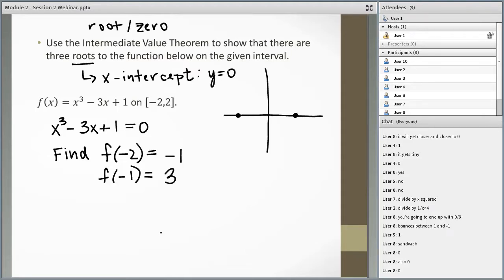So what does that mean? Can we make any conclusion about that? Basically what it means is at x equals -2, the function is below the x-axis, because it's a -1. But at x equals -1, we have a value of 3, and I know 3 is above the x-axis.